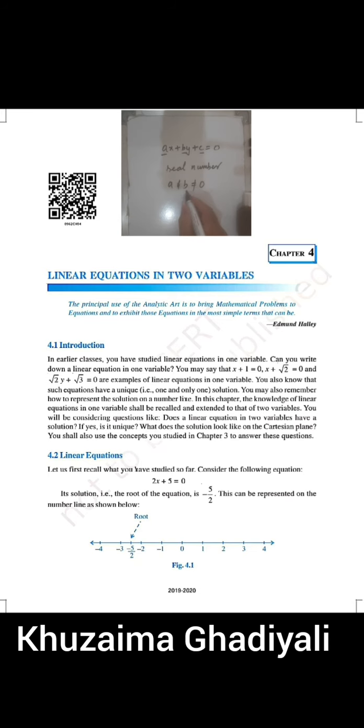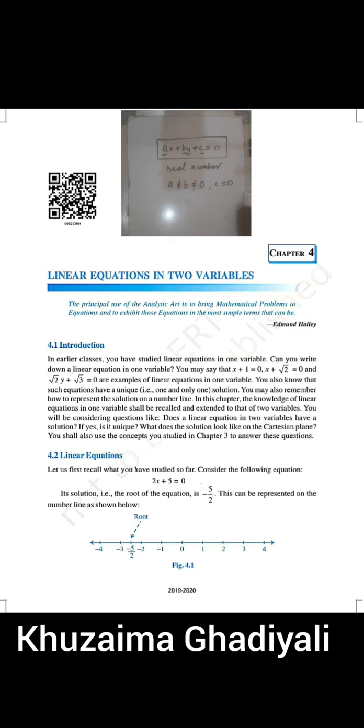If a and b are 0, then one of the variables will be 0, and this equation will change to a linear equation in one variable. Now this is the general form of the linear equation in two variables, where a, b and c are real numbers. C here can be 0 or not 0, depending on the condition.